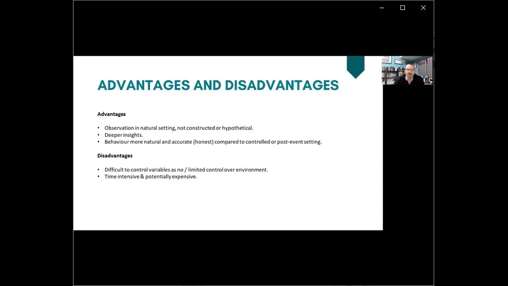A second advantage is it gives us deeper insights, because we're not only studying or researching what's happening, but we're getting that really broad landscape in which things are happening. We're getting those broader parameters that help us to look at the nuances a little bit differently, which means as we're interpreting, as we're analyzing a lot of data, we've got the opportunity to go deeper into our discussions.